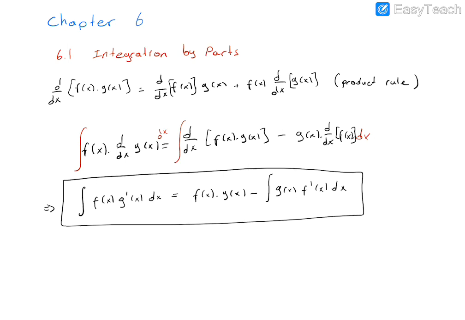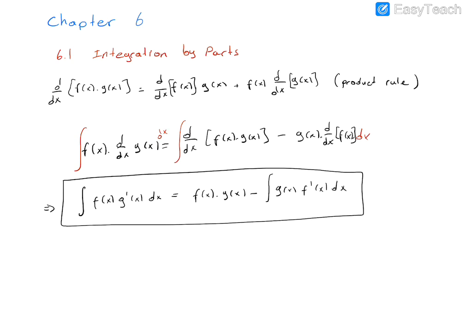This formula is very important for us. Actually, if we cannot calculate this integral, we can calculate that integral instead. But as written, this is not so useful.